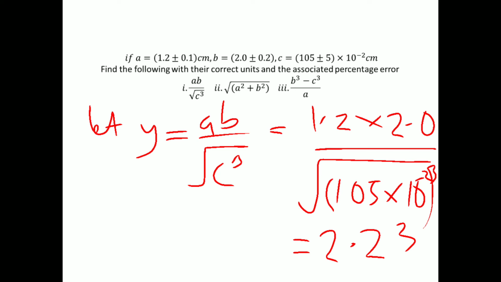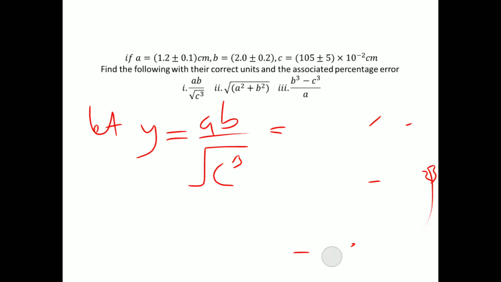Okay, but we have a question. We're asked to find the percentage error. So that's where the work is. How do we find the percentage error? Now, since y is ab over c cube, we see multiplication, we see division, we see power.